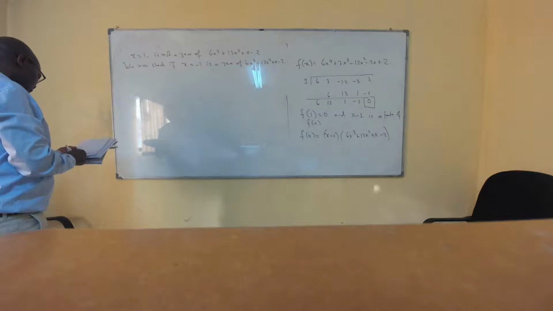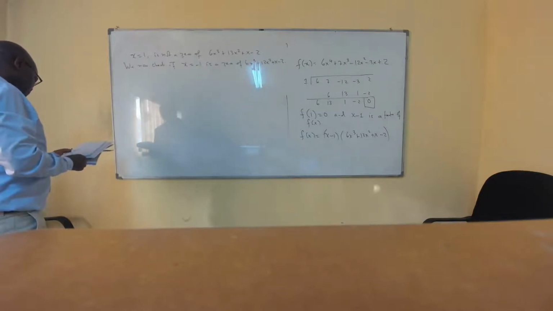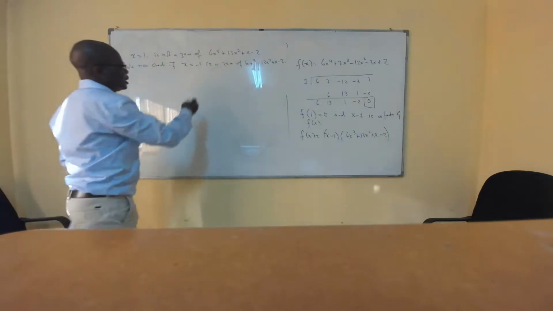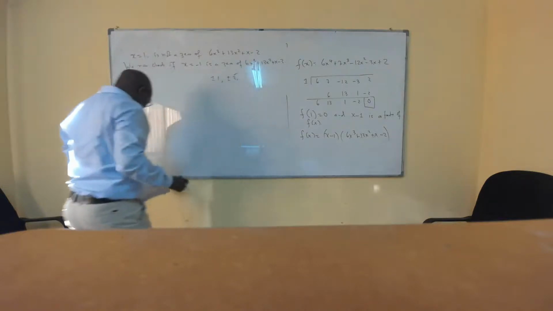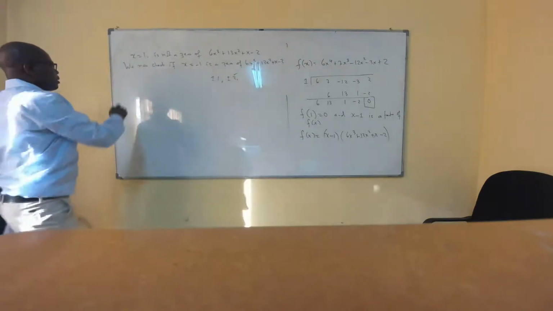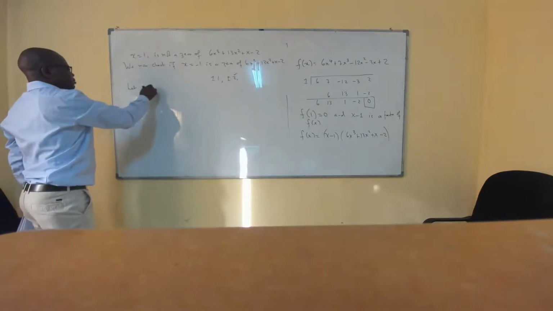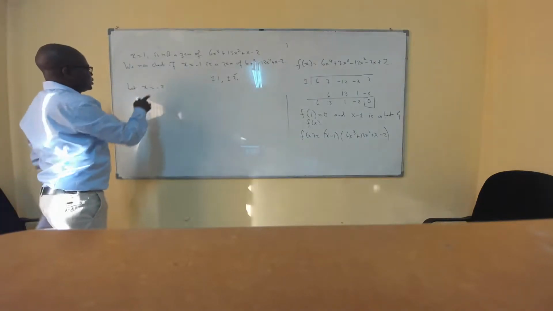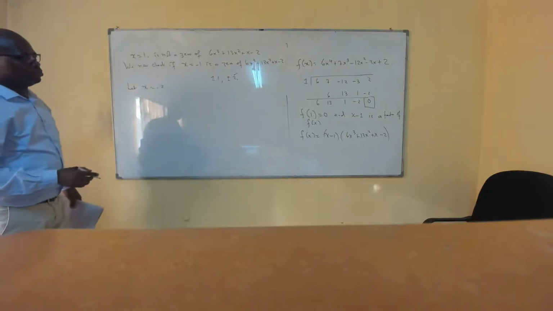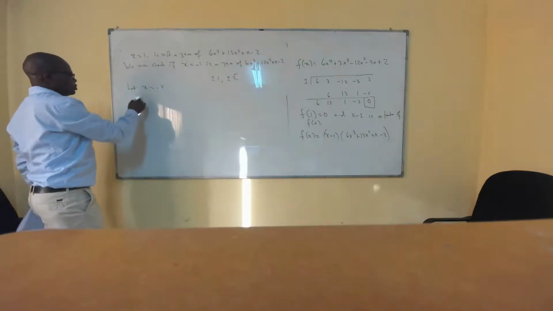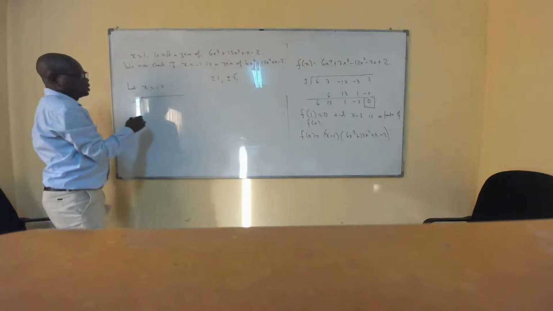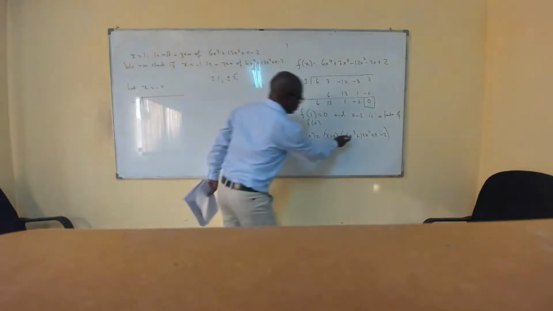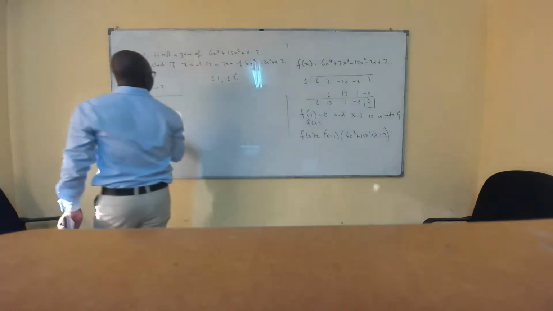So we have to try others. We have plus or minus 1, plus or minus 2. So let's try minus 2. Let your x be minus 2. Let's see if this will be a 0. So we are going to just put minus 2 here, and then we get these coefficients, the ones that are left there.